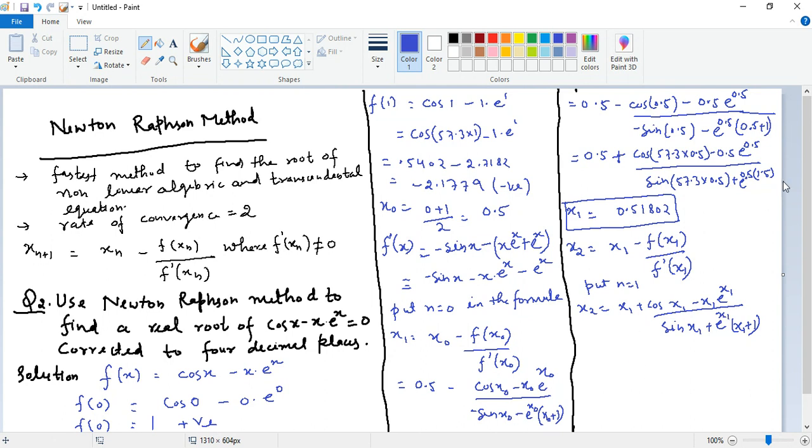So here 1.5 is the multiplier, not power. Okay. 1.5 is multiplier.